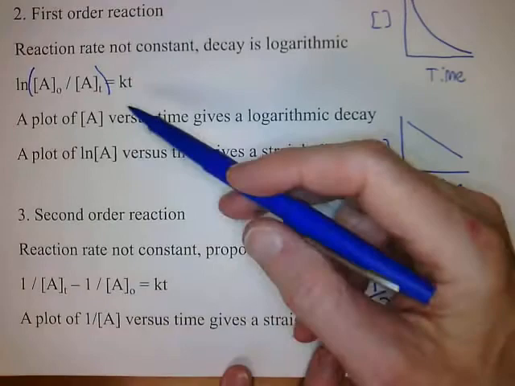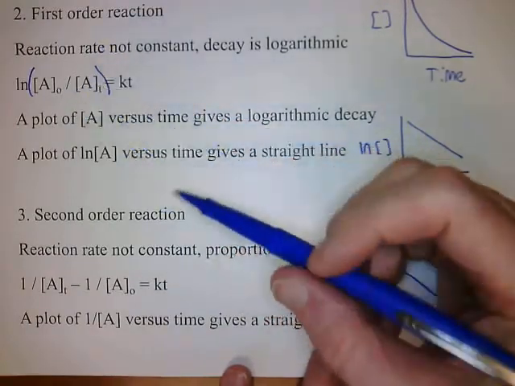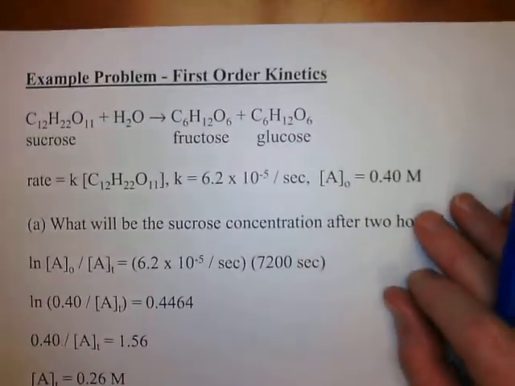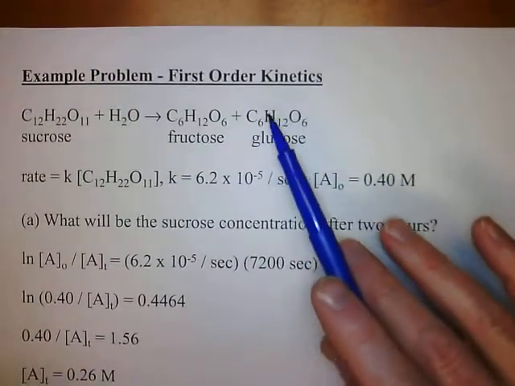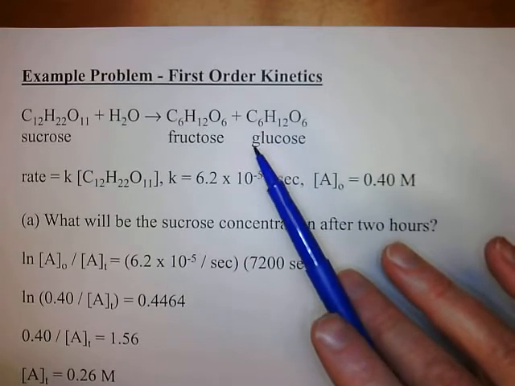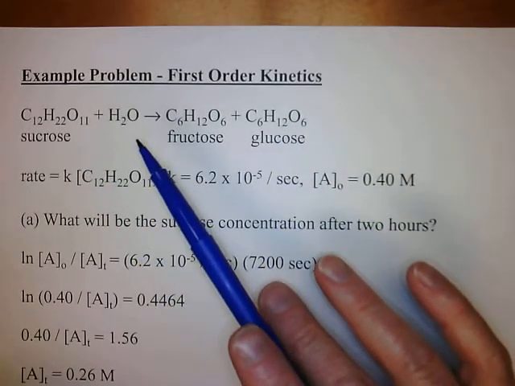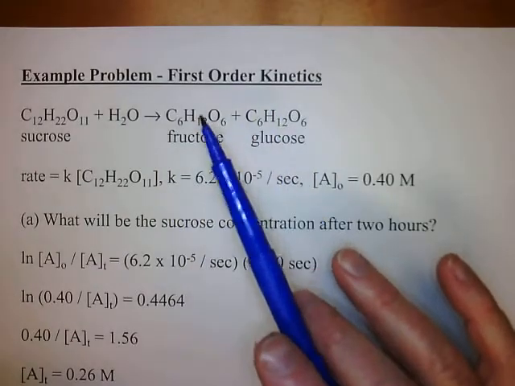So these two equations you need to know. This one is for first order kinetics, and this is for second order kinetics. Let's work an example. Okay, so an example of a first order kinetics problem. Sucrose hydrolyzes into fructose and glucose in water.